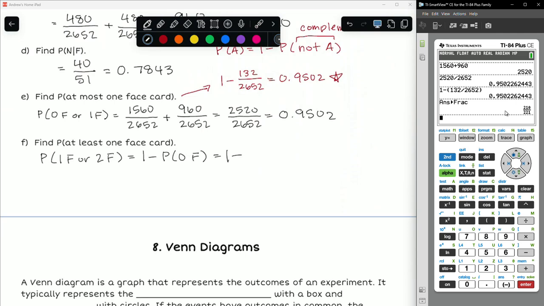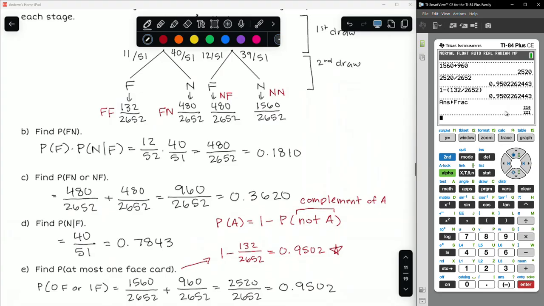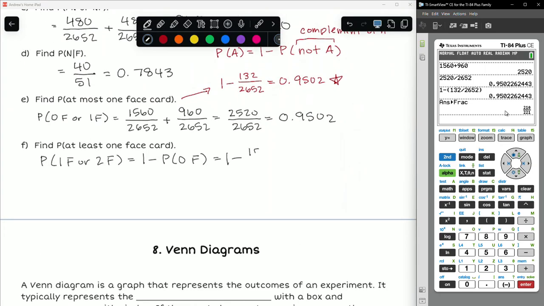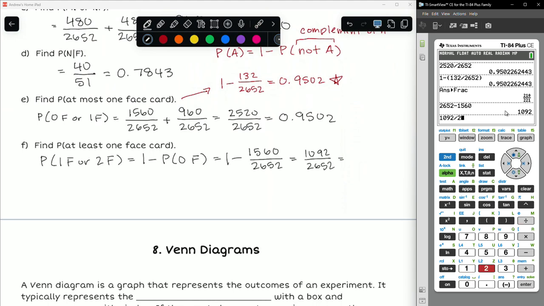And that's going to be 1 minus, and then I scroll up, and no faces is 1560 over 2652. So 2652 minus 1560, that's going to be 1092 over 2652, which will be 41.18%, 0.4118.